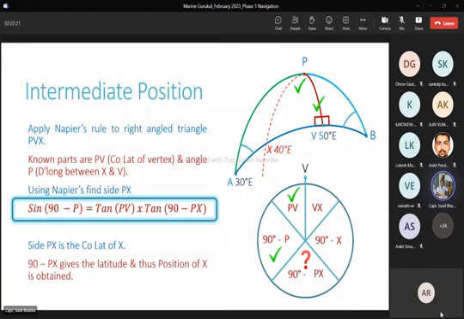So have a good look at the diagram and let me know any doubts, beta.